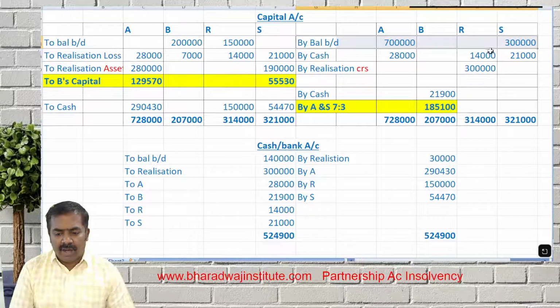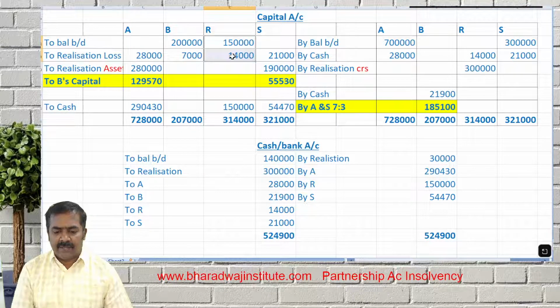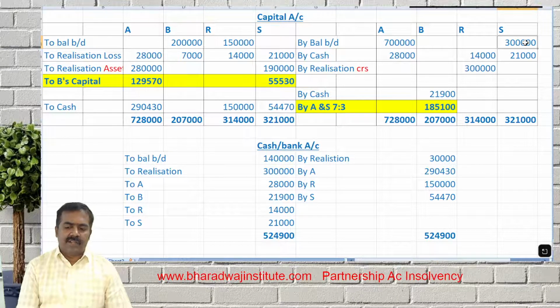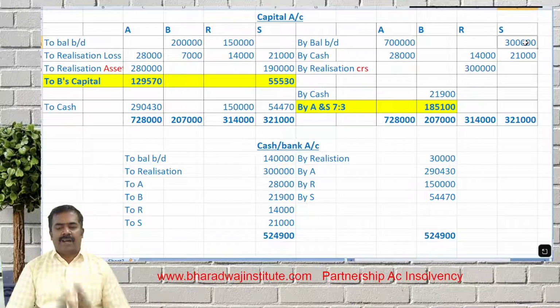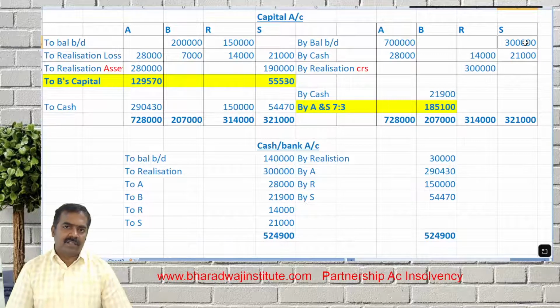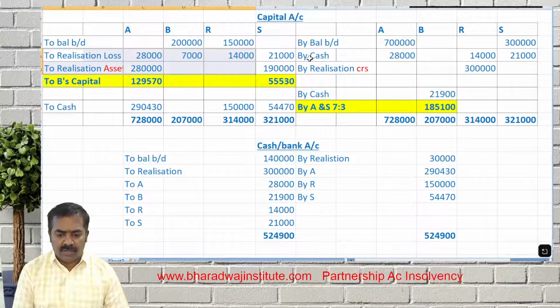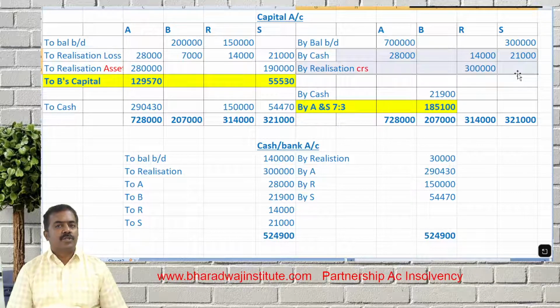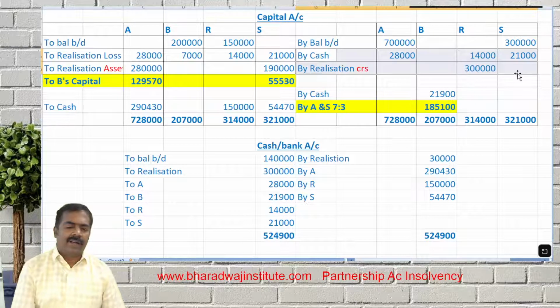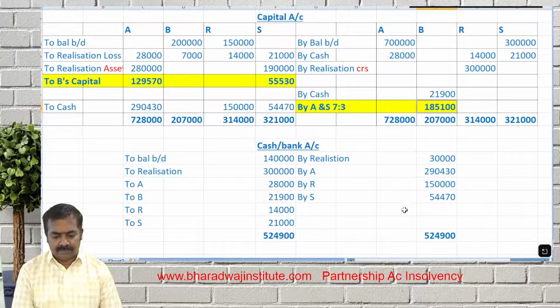So, R had a negative balance. So, positive balance is for A and what? Yes, 7 lakhs, 3 lakhs. So, in this problem, adjusted capital is 7 lakhs and 3 lakhs, nothing else. And this realization loss, assets taken over, liabilities taken over, etc., should not be considered for which one? Adjusted capital.